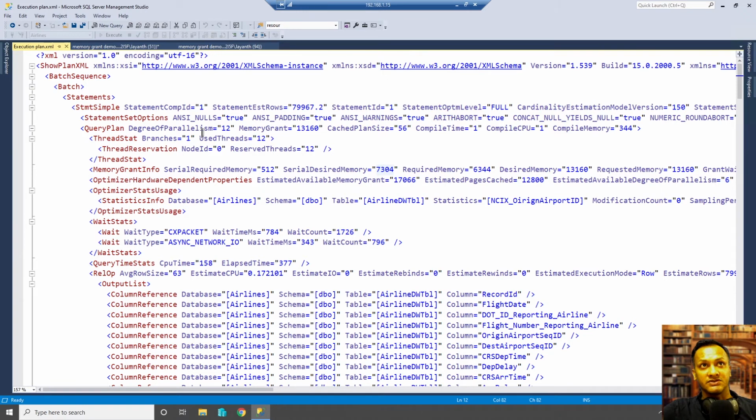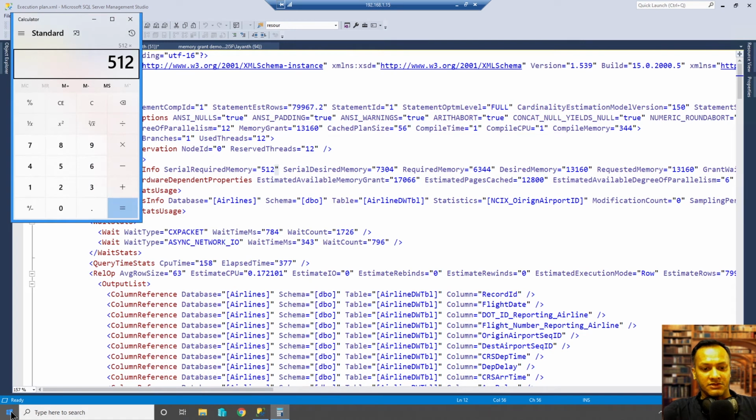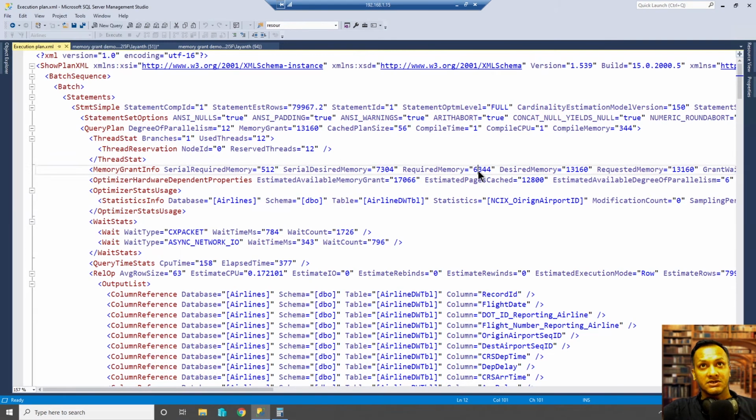Now in this case, we have 12 as the degree of parallelism. So we take 512 and multiply it by 12. Let me do that really quick. 512 multiplied by 12, and you get 6144, which is close to the memory that we get here. A similar thing happens with the desired memory: we multiply it by 12 and we get this value.